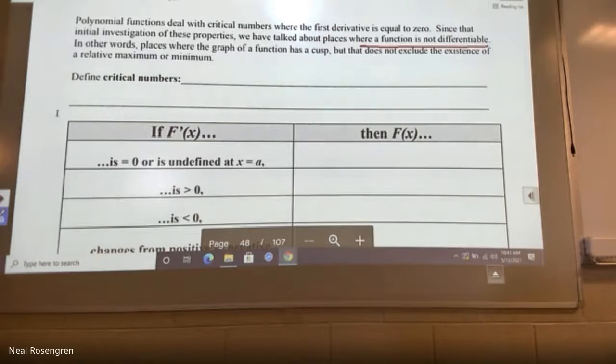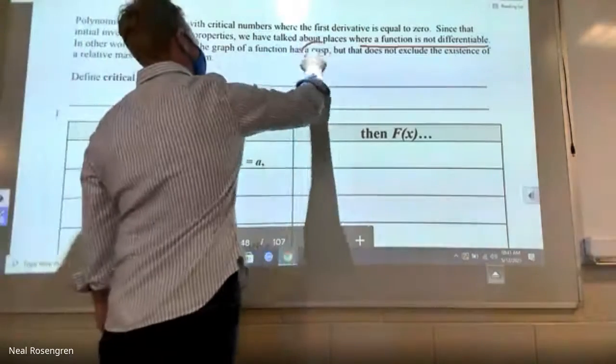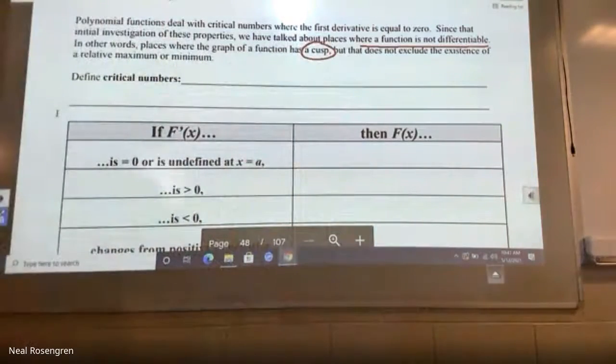And the most common one that you'll ever run into is that cusp, where it kind of hits this sharp point. Polynomials we love, they're smooth and rounded and easy and all continuous everywhere. Things that have that 2/3 power, 4/3 power, 5/3 power, we're going to see that. And so it doesn't exclude the relative min or max possibility from that spot.